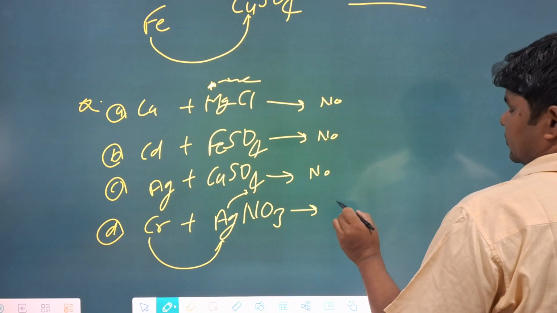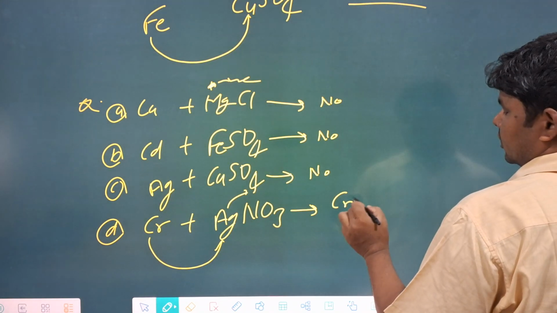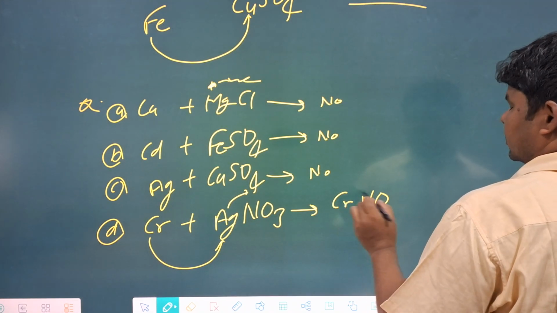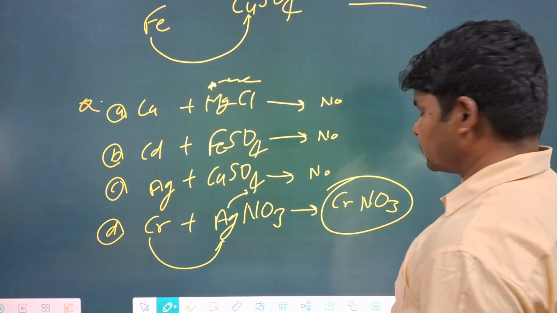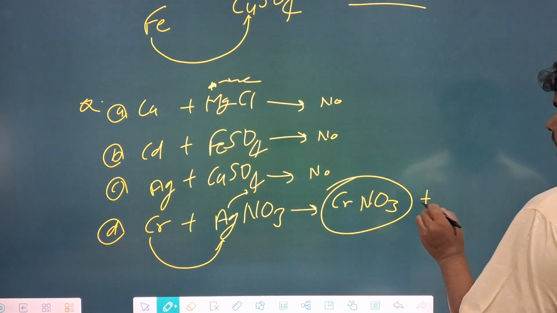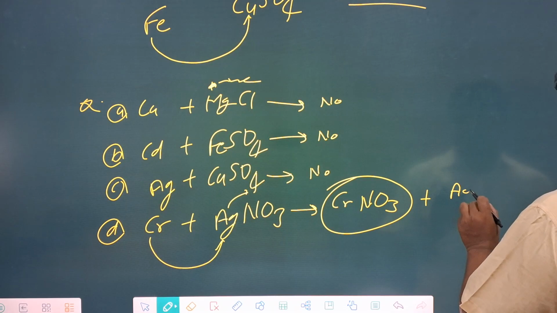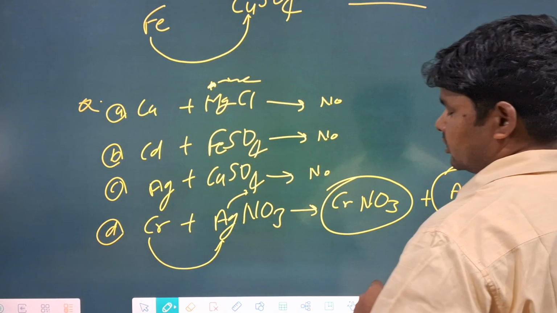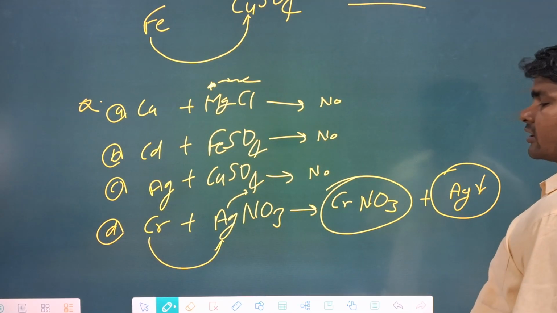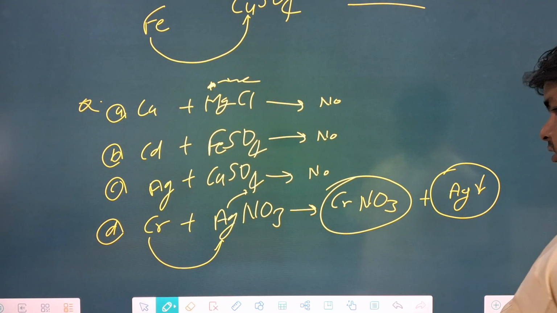Chromium nitrate, Cr(NO3)3, can be balanced with the help of oxidation number, and silver precipitate can be easily gained. Generally, chromium has +3 oxidation state and +4 oxidation state.